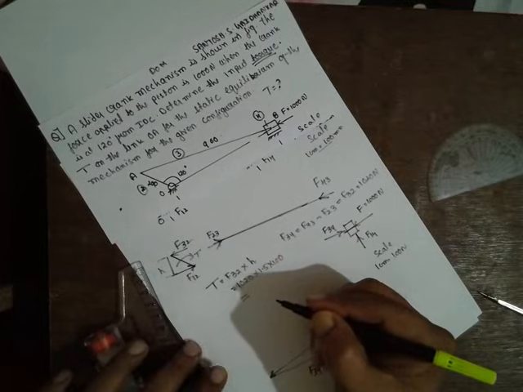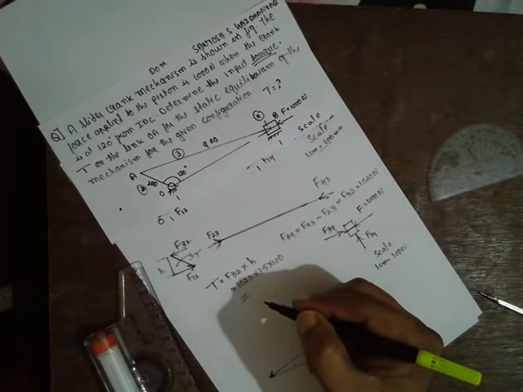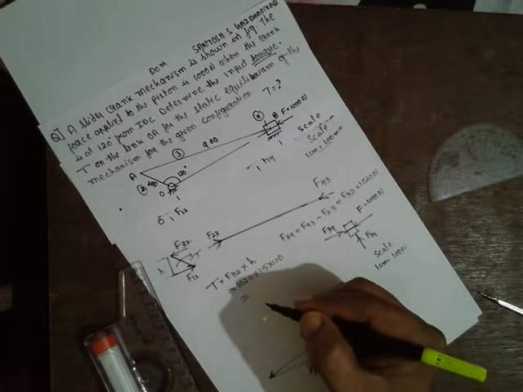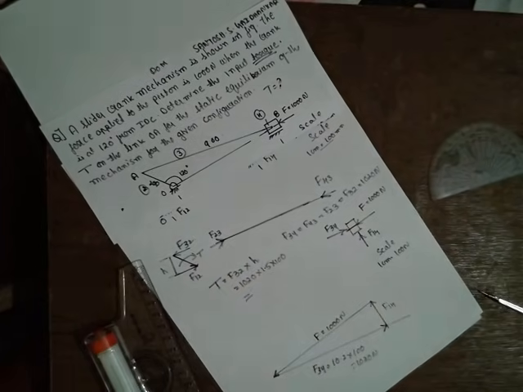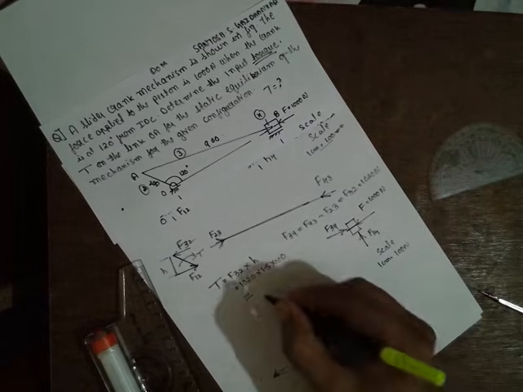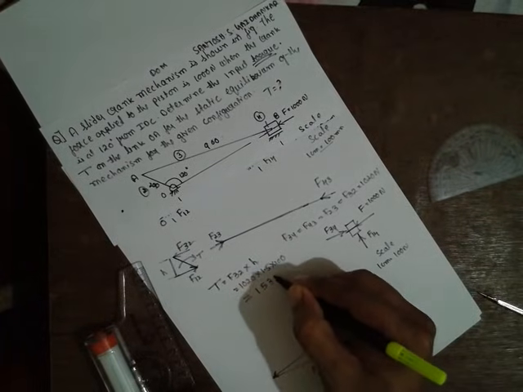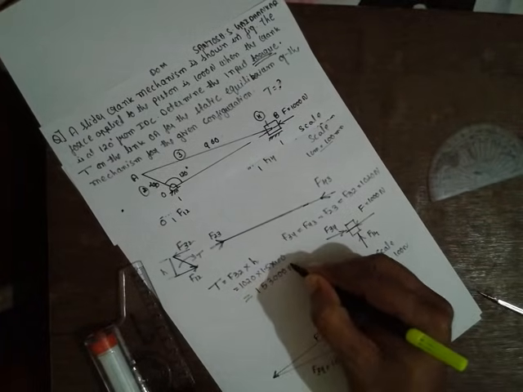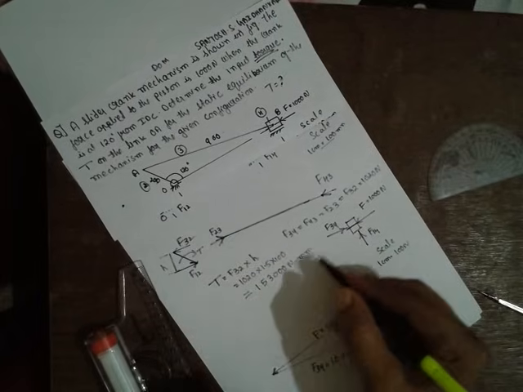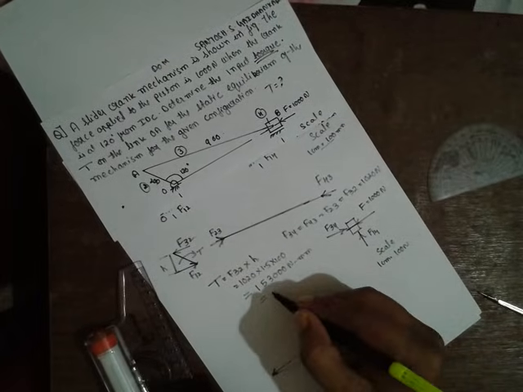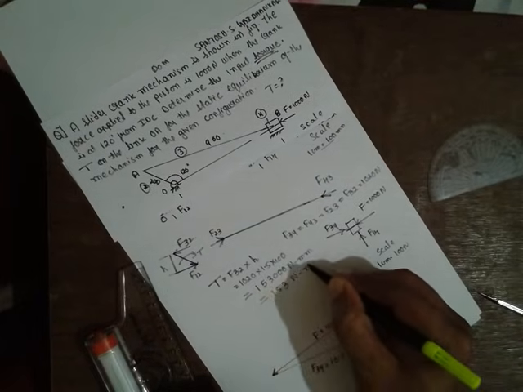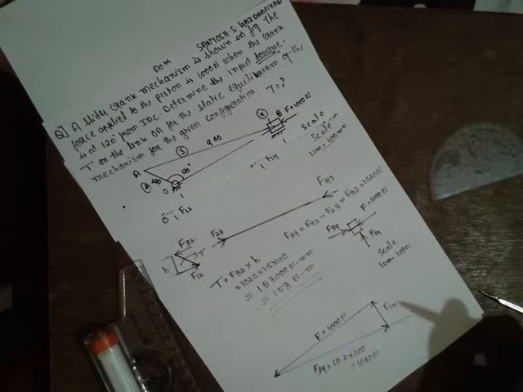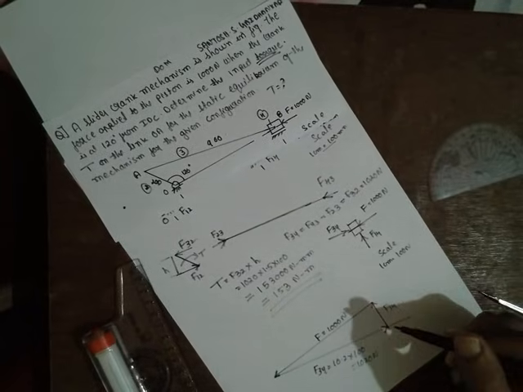The answer will be 1020 into 1.5 into 100, 153,000 Newton mm. Convert into Newton meter, it will be 153 Newton meter. This is the solution. Thank you very much for watching.